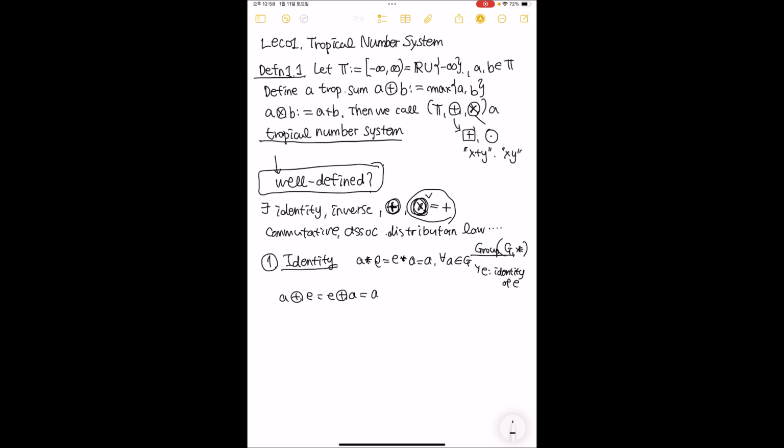In fact, a tropical summation naturally satisfies the commutative law.